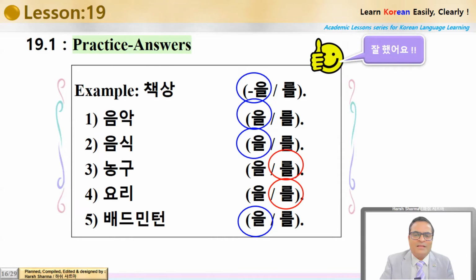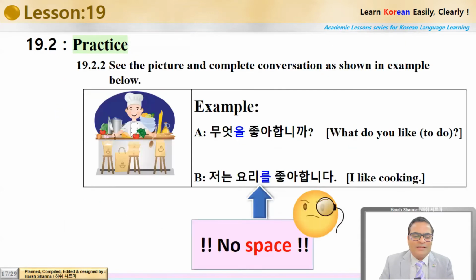Now I hope this ul and rul rule is clear to all of you. Let's check some more questions. Yes, let's do some more practice. More confidence. 자신감 있게 여러분 열심히 공부하세요. So in the practice question you can see the example: 무엇을 좋아합니까?